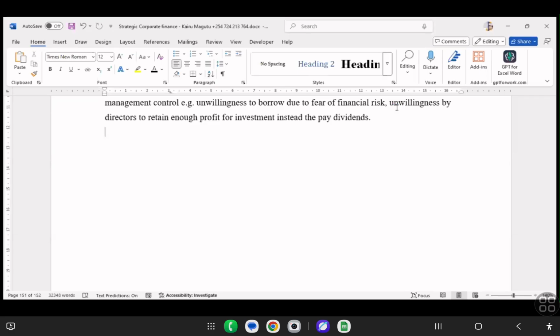And the next one is what we call the external or hard capital rationing. Now, the hard or external capital rationing is the insufficiency of the fund.